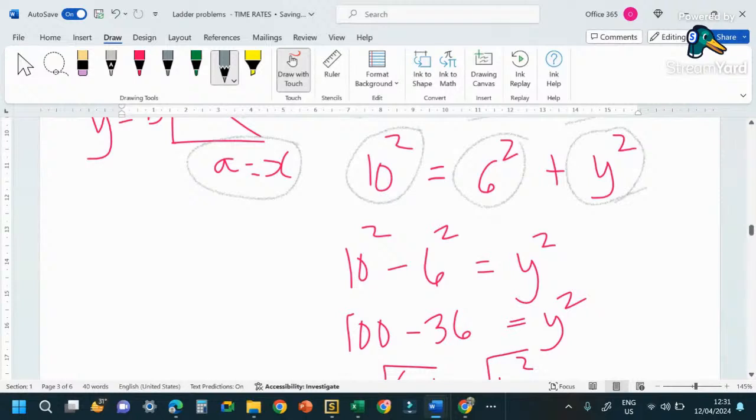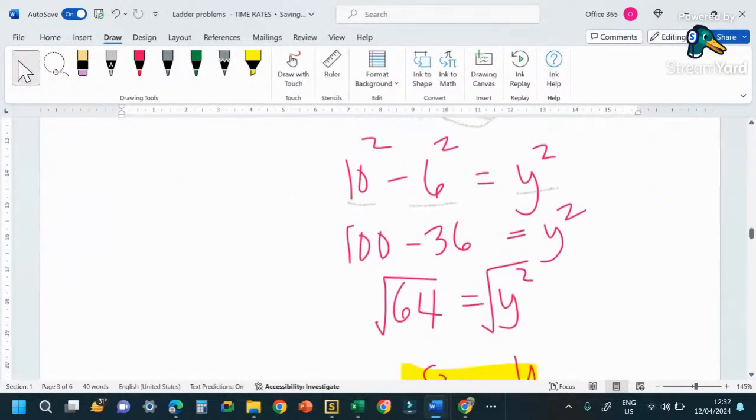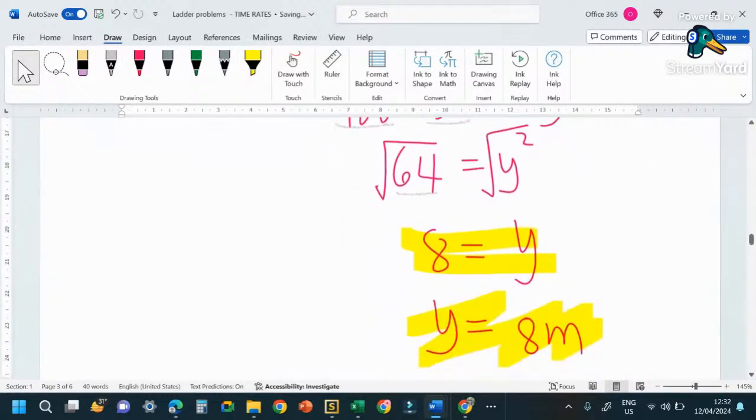So we move the c squared to the other side, which makes it negative. 10 squared minus 6 squared is equal to y squared. 10 squared is 100, minus 6 squared is 36. So that will be 64, but because we like to get the value of y, we have to square root both sides. The square root of 64 is 8. Thereby, y is 8 meters for this example.